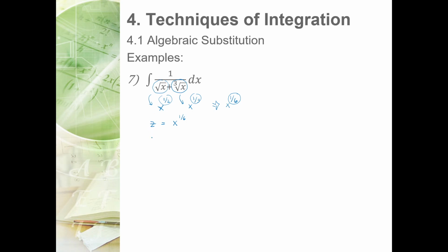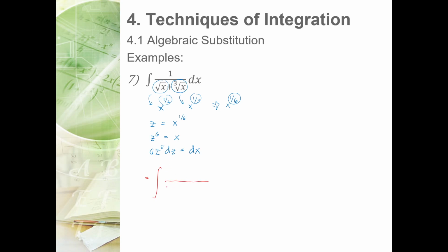So multiplying by the power of 6, z to the power of 6 becomes x. Getting the derivative, 6z to the power of 5 dz is equal to dx. Once you're able to do that, try to observe what happens with the two radical expressions in the denominator.